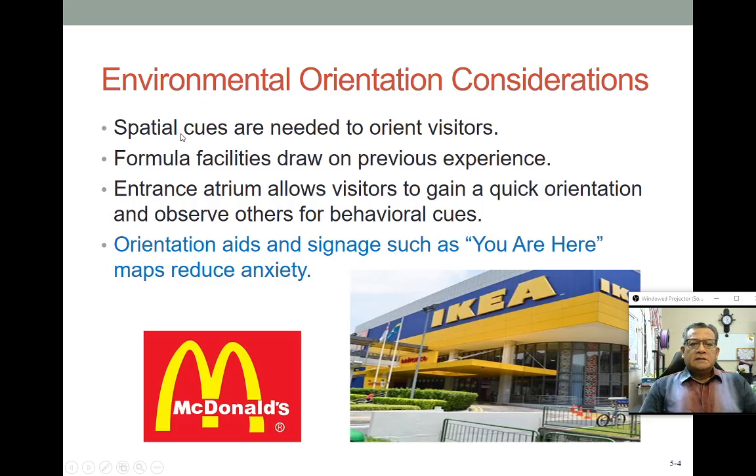In other words, for visitors going to a big building like the IKEA shopping center, visitors need to know where the space is and what the cues are for them to move forward, from where to where, to do the shopping. So in environmental orientation consideration, managers need to create formulas and facilities based on people's previous experience of entering a new building or space.